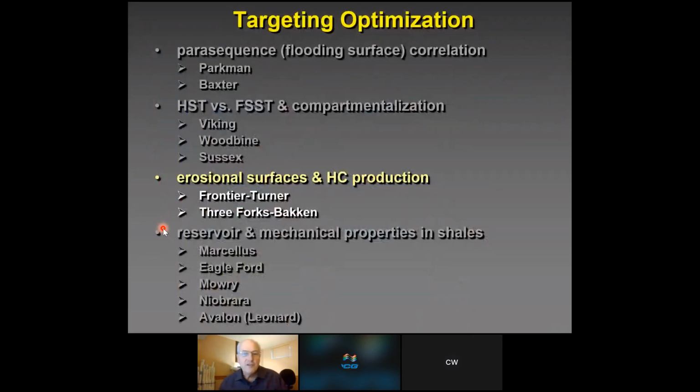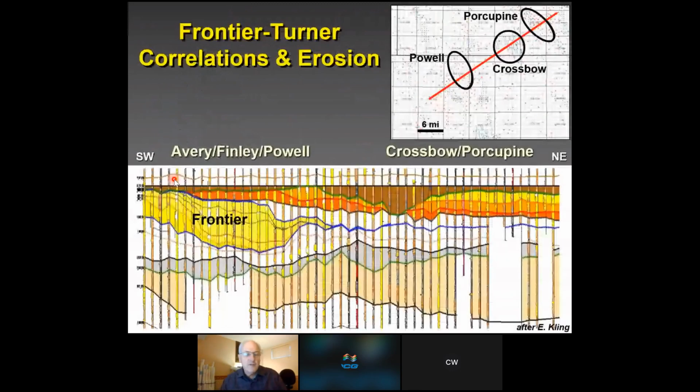So turning now to the hydrocarbon production and saturation relative to erosional surfaces, I'm going to show 2 examples. This one again comes from the Powder River Basin in Wyoming. It's Cretaceous sand, the Frontier and Turner. Looking at the Frontier to the southwest here, we see some parasequences that downlap onto a surface, this blue one down here.